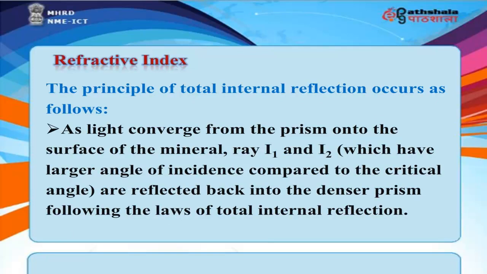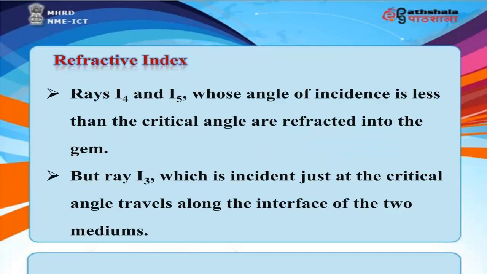The principle of total internal reflection occurs as follows. As light converges from the prism onto the surface of the mineral, rays I1 and I2, which have larger angle of incidence compared to the critical angle, are reflected back into the denser prism following the laws of total internal reflection. Rays I4 and I5, whose angle of incidence is less than the critical angle, are refracted into the gem.